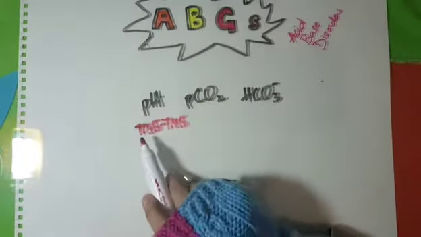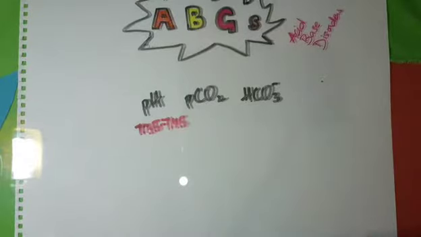So if the pH becomes less than normal, is it an acidic environment or a basic environment? Well, as far as I know, low pH means basic. No, sorry. Low pH means acidic, okay? High pH means basic. Basic means alkaline.